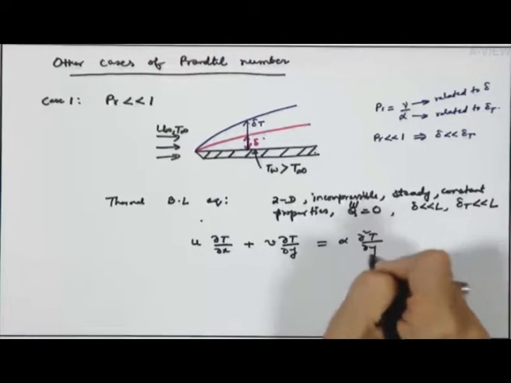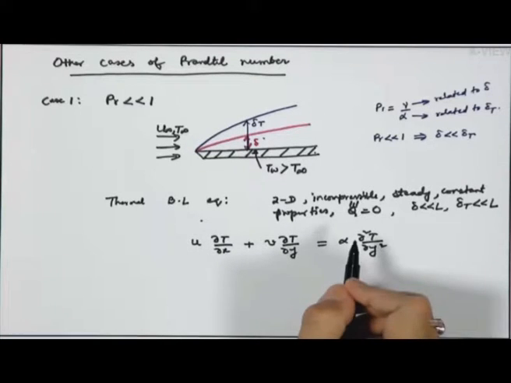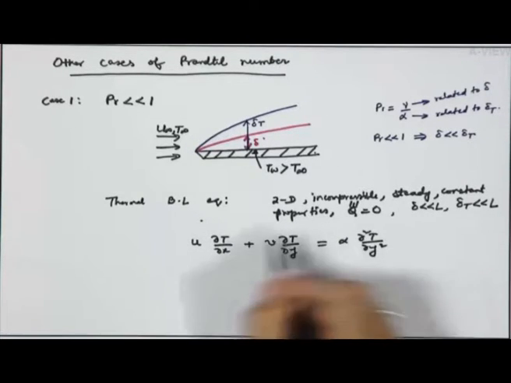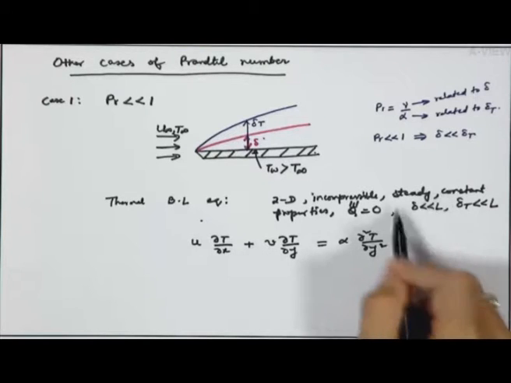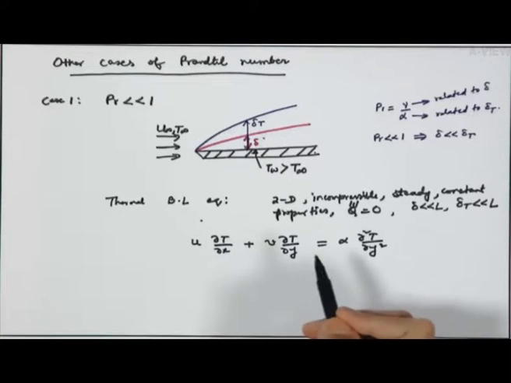However, we are analyzing only the thermal boundary layer equation. So, within this paradigm, the hydrodynamic boundary layer description may not be important if you have a fixed description of u. We will see that in a moment.